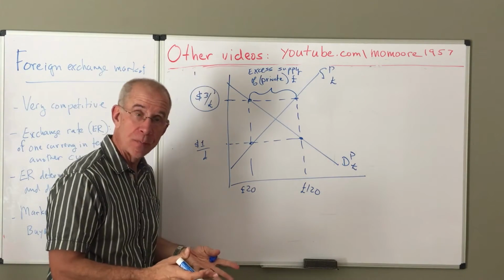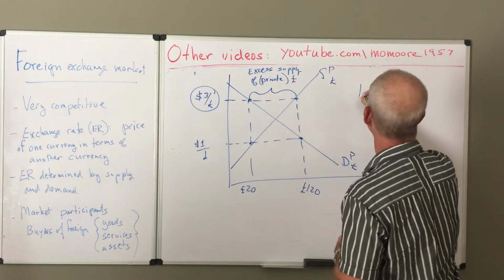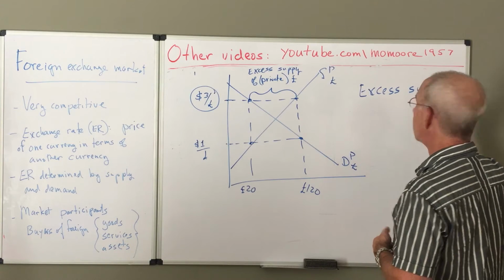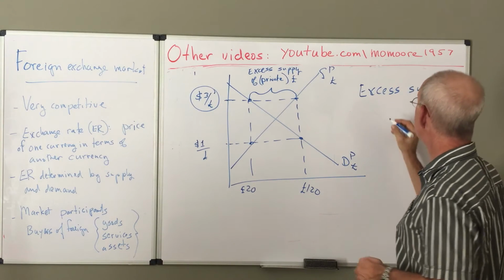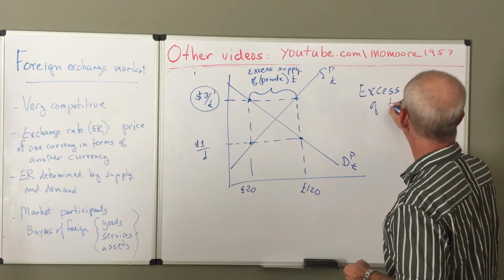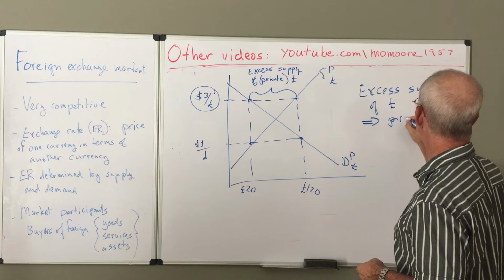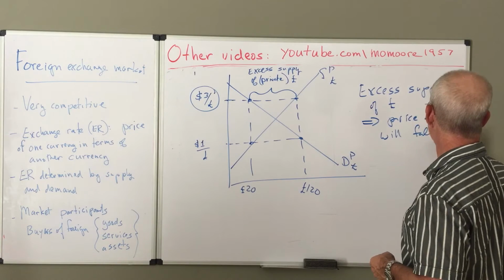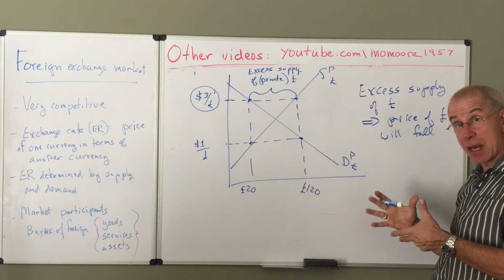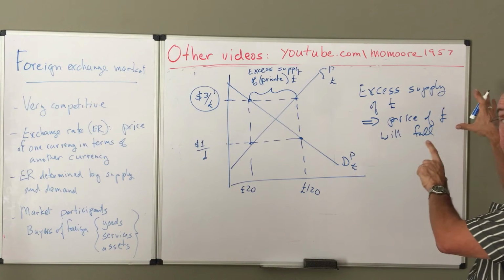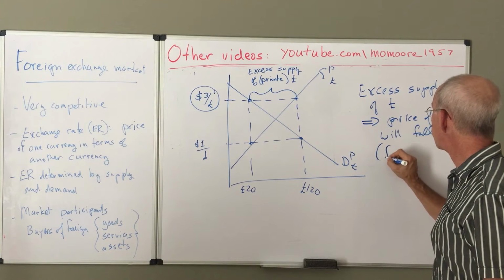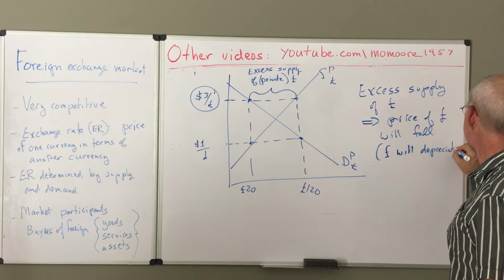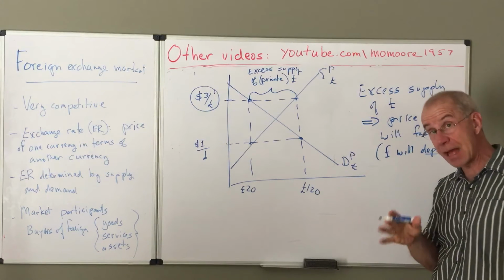And as in any market, when there's an excess supply, the price of the thing in the market is going to fall. So an excess supply of pounds means that the price of pounds will fall. In the terminology of a foreign exchange market, the falling price of pounds means that the pound will depreciate. Not devalue, depreciate.